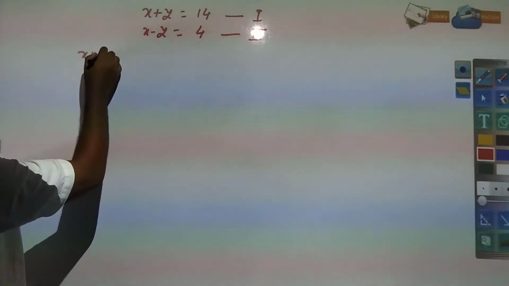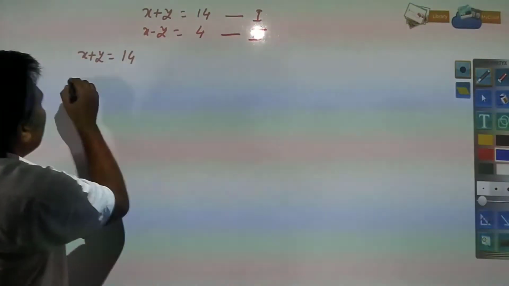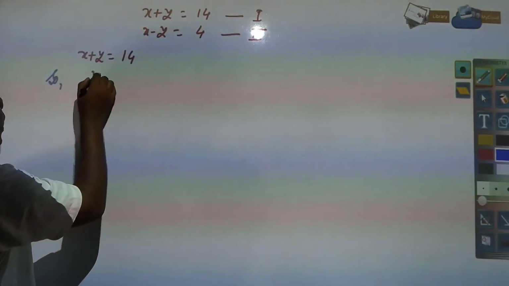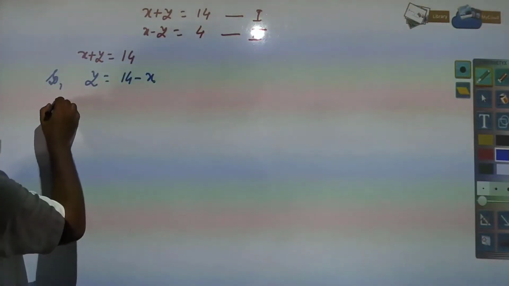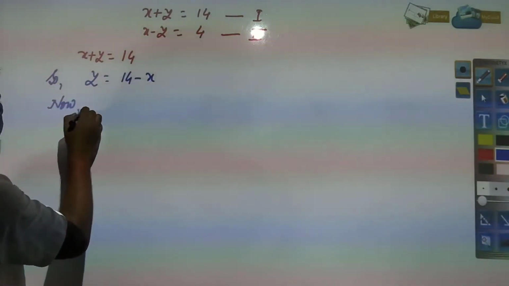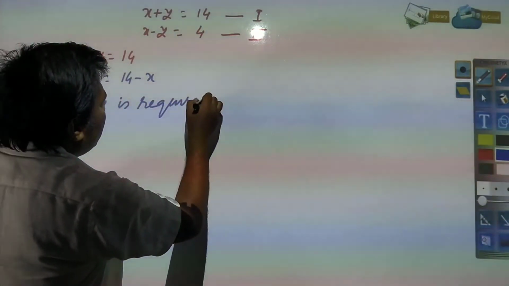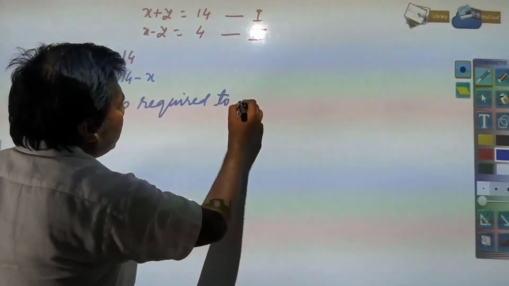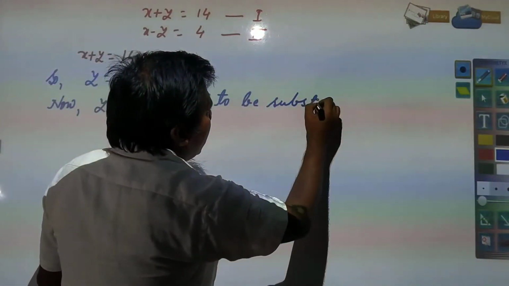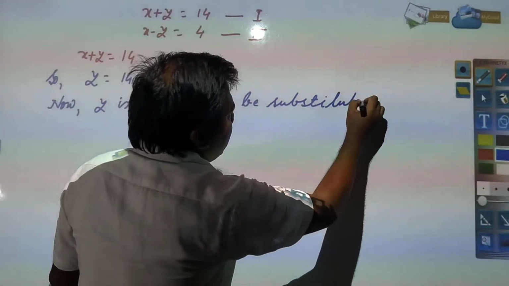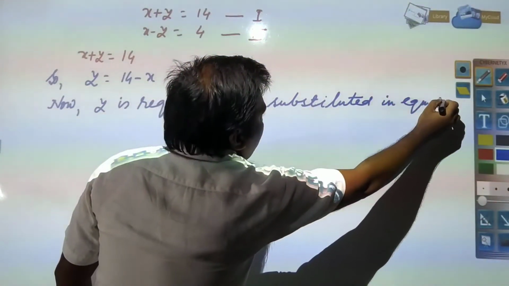x plus y is equal to 14. So y will be equal to what? 14 minus x. Now y is required to be substituted or replaced in equation 2.